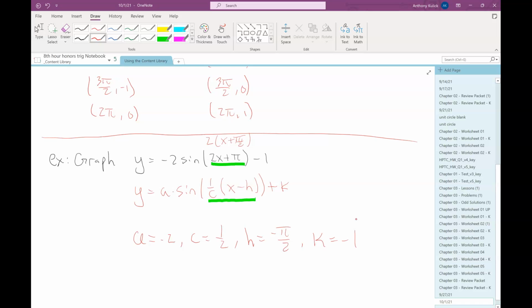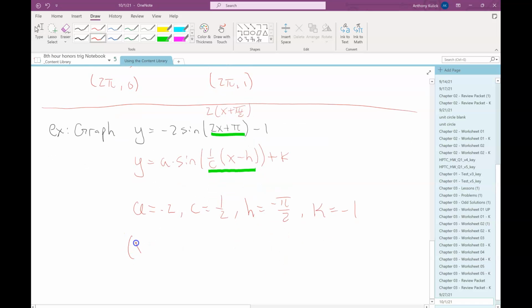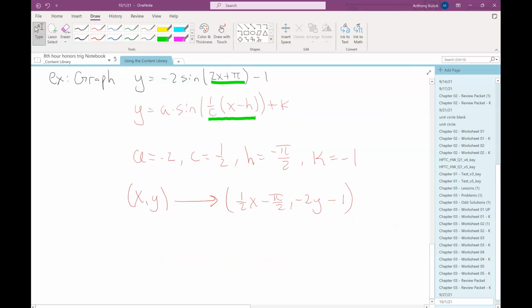Okay. So then I'm going to write my transformation map. So I have CX plus H, AY plus K. Notice that since H and K were negative, instead of writing plus and negative, I just wrote a subtraction. And what am I going to use that formula on?